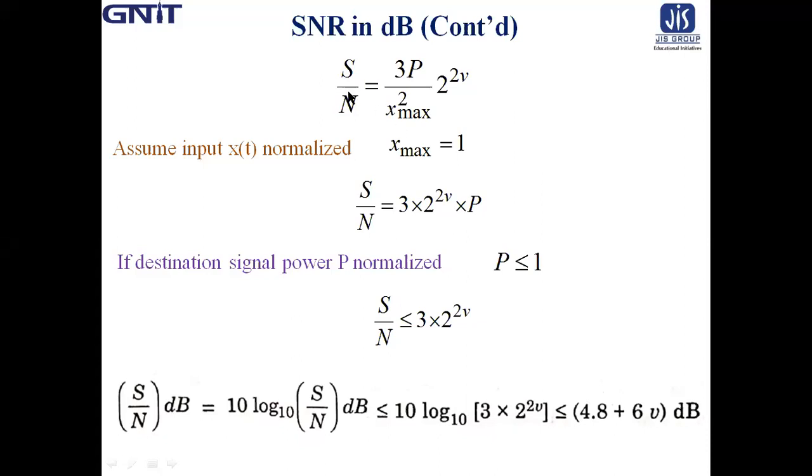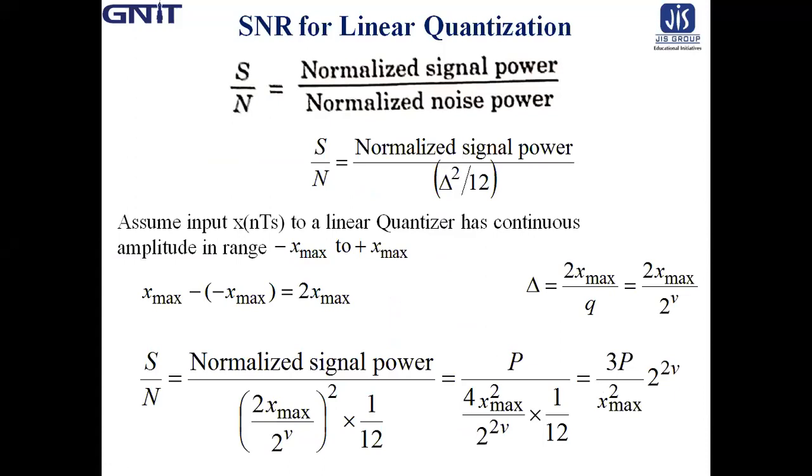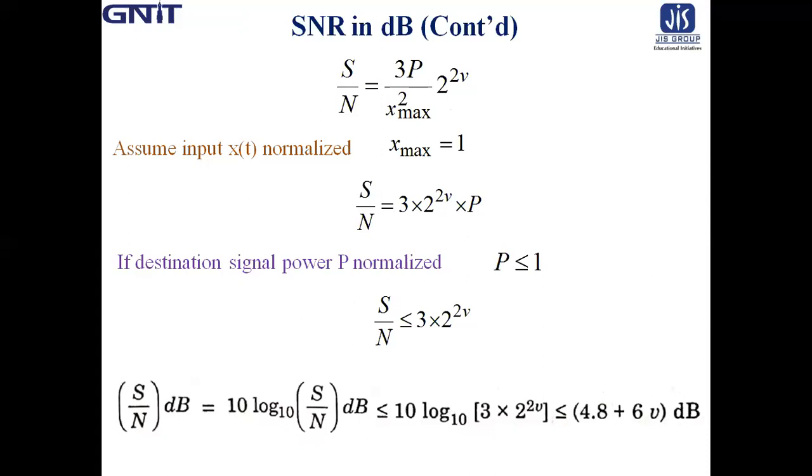So we already formulated from the earlier part that SNR is equal to 3p by x max square into 2 to the power 2v. So assume that if xt is normalized, that means x max is equal to 1.